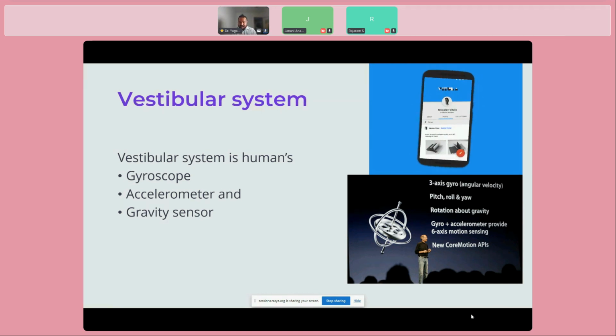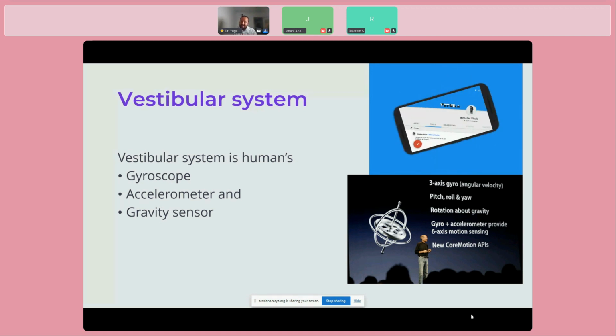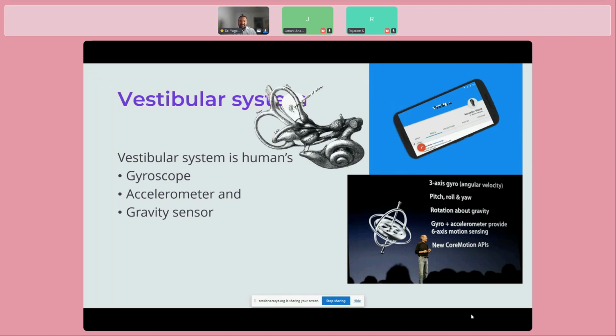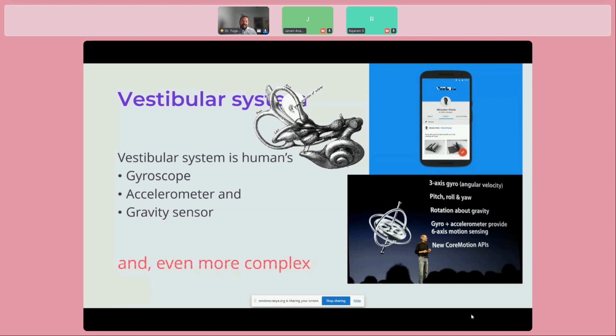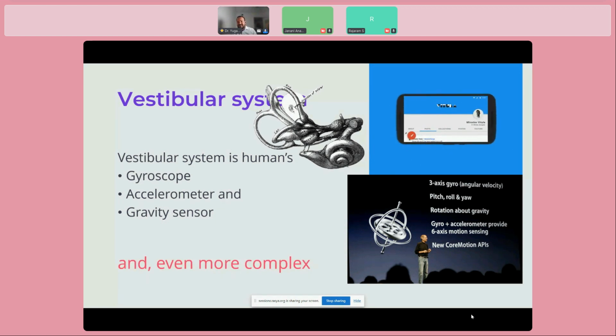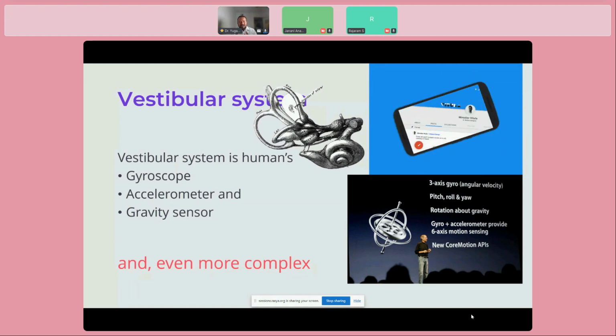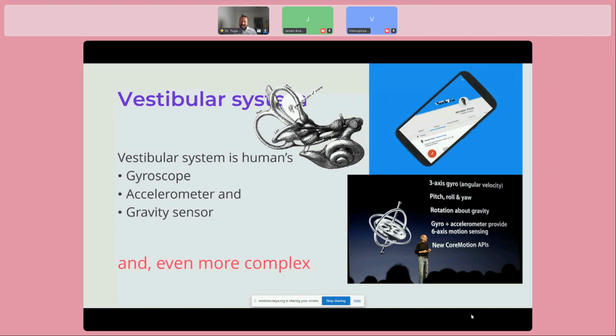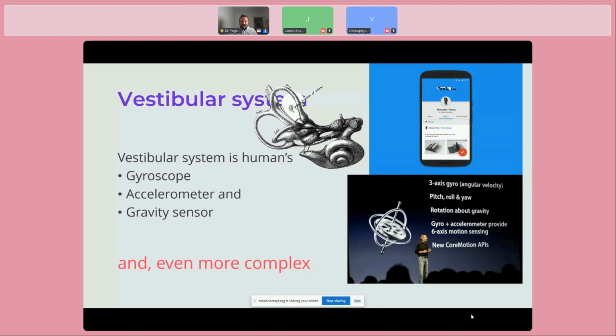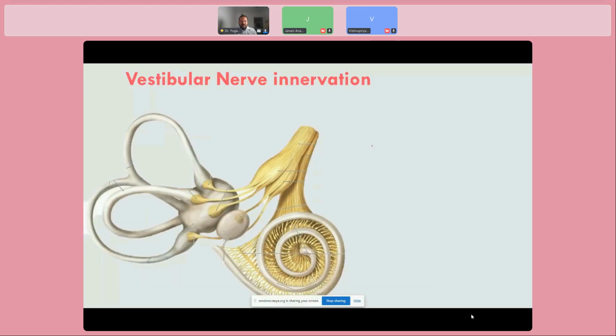But what we don't realize is that our vestibular system is even more capable, and even more complex and advanced. We have, fortunately, 2 working vestibular systems, and we are fortunate to have them, but very unfortunate if anyone has an abnormally functioning vestibular system, because you know how terrible it might be.